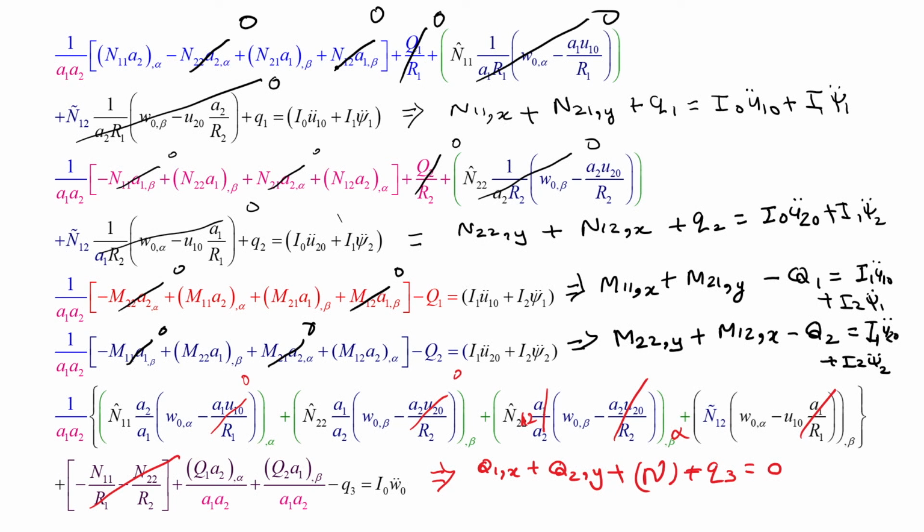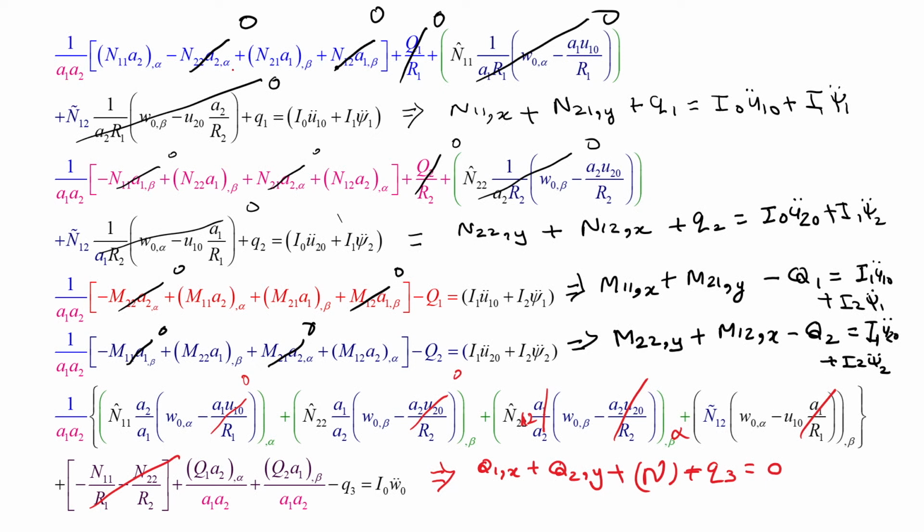I have already marked it, but I am going to explain it. Let us say the first term, n11 a2 comma alpha, where a1 and a2 are becoming 1. A2 is 1, comma alpha means comma x. Now the second term, minus n22 a2 comma alpha, means you take the derivative of the Lamé parameter with respect to the first coordinate.